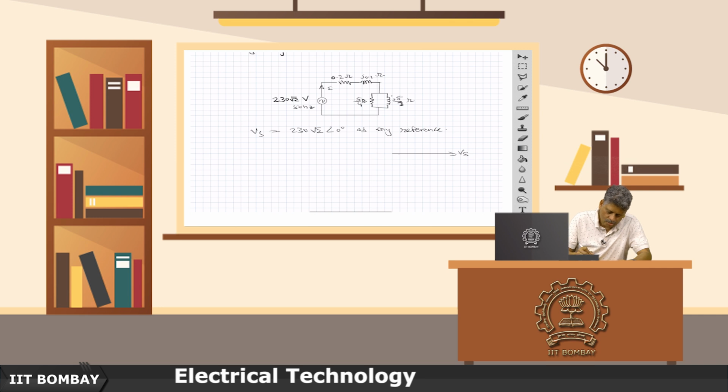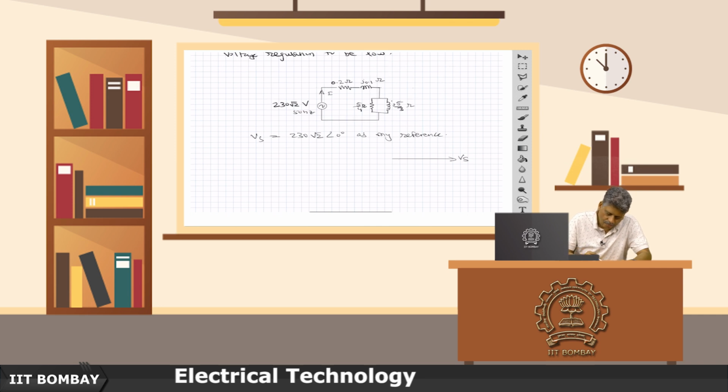Okay. Now, to solve this circuit, what we see is that it is a combination of two blocks coming in series. This itself is a series and this is a parallel block.